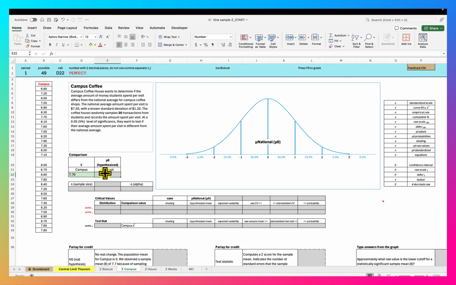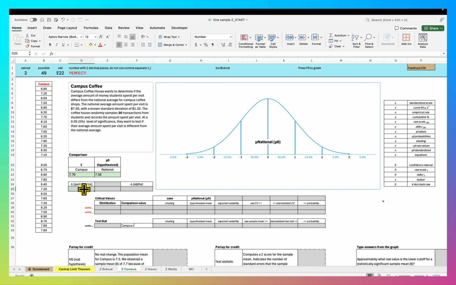The problem says that the national average is 750. And so what we're trying to decide in this problem is, is it reasonable that you would get a sample of 770 if the national average was 750? In other words, would that difference just be sampling error, or is that a real difference? All right, so let's keep going.